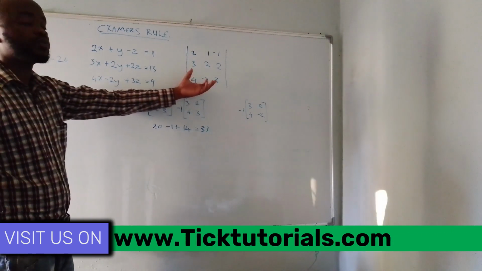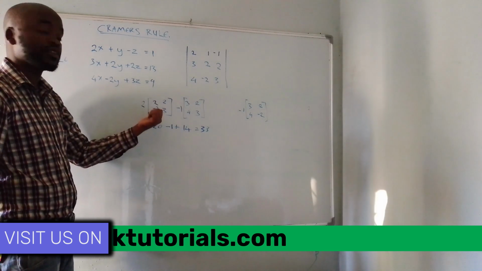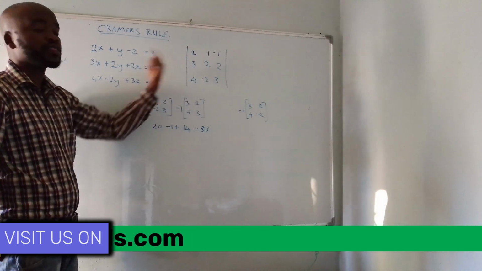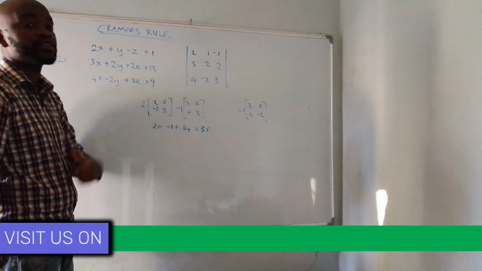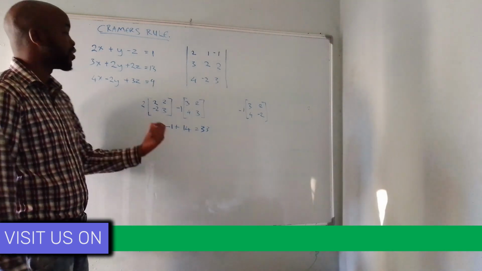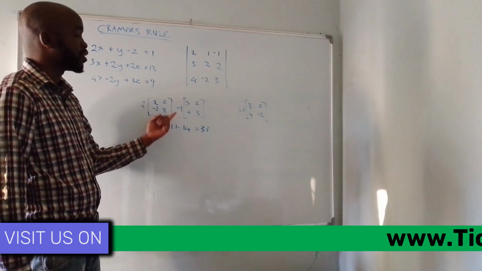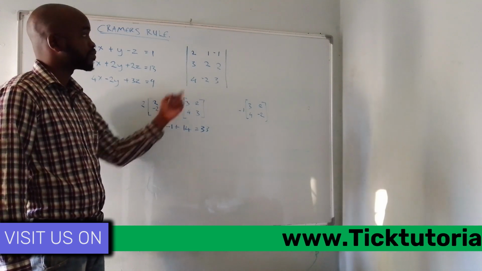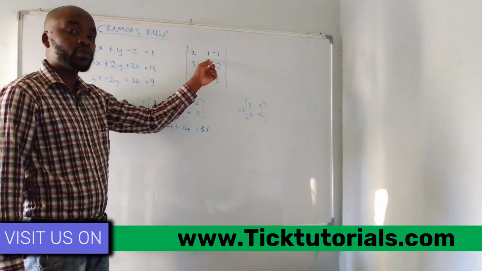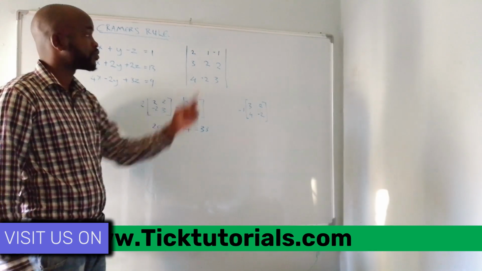And then we're going to multiply the determinant of this 2 by 2 matrix with the number 2. So we also have to find the determinant of the 2 by 2 matrix. Then we're going to multiply it by 2. Then we're going to subtract the next number, which is 1, in the first row.